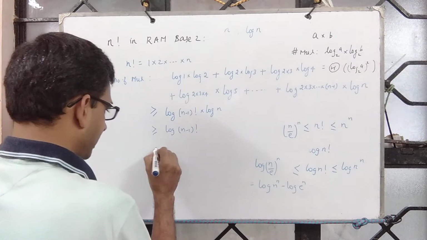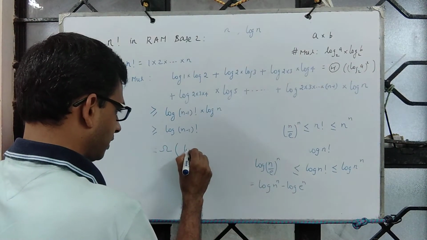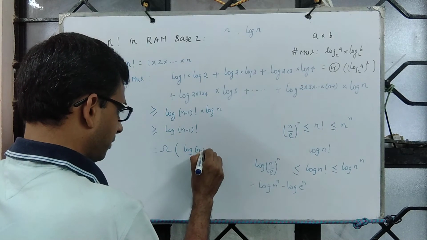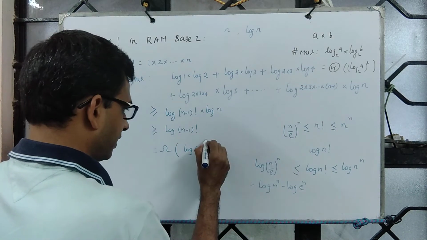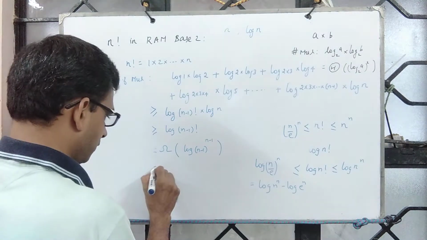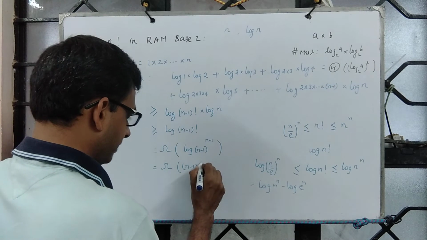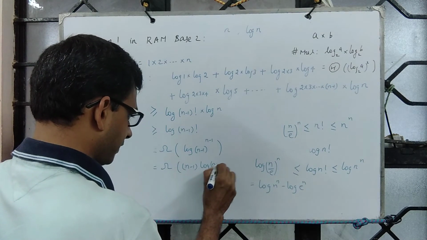So that shows that this value is omega of log of n minus 1 to the power n minus 1, which is n minus 1 times log of n minus 1.